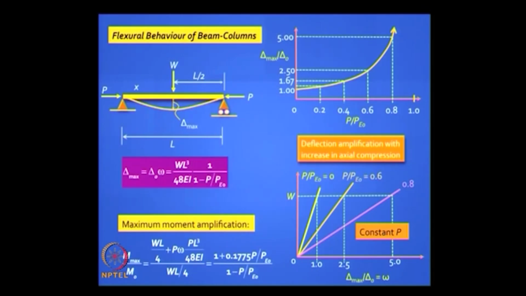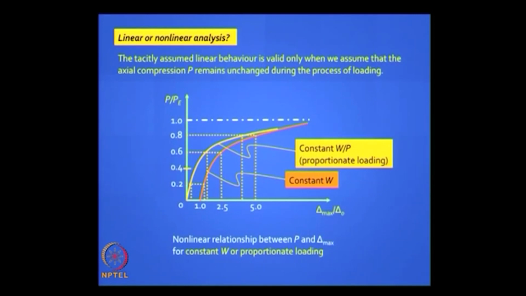Or if you have proportional loading, where W and P keep increasing in a fixed ratio, whether to do linear or non-linear analysis depends on which is constant. If you are lucky, P is constant. If your P is constant, you can happily continue with your linear elastic analysis by adding some amplification.